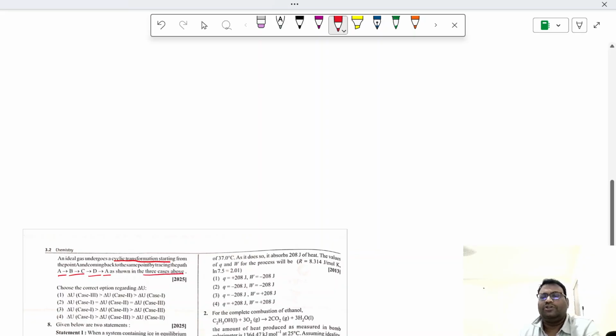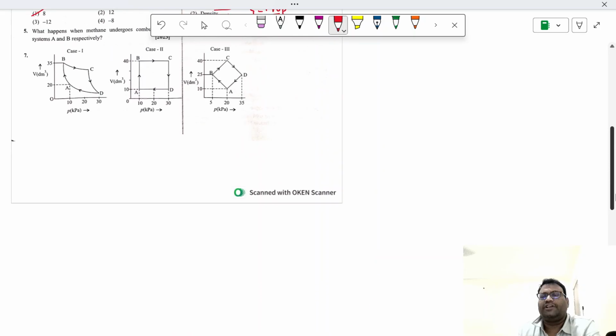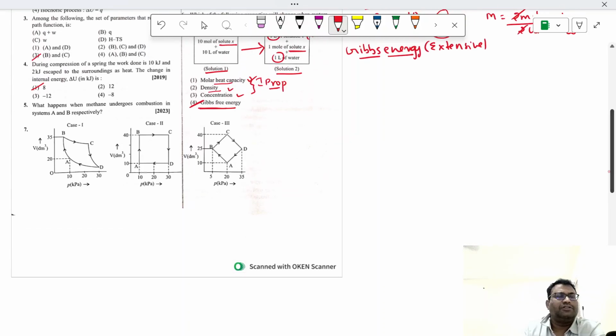In the above 3 cases, it is very clearly seen there is a loop. Especially in a cyclic process, we find a loop because the initial state of the system becomes the final state. So A to B, B to C, C to D, and D again coming to A.